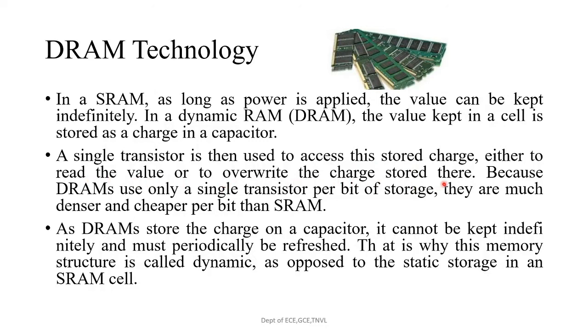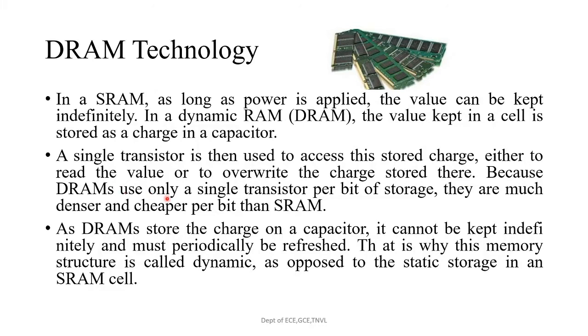either to read the value or to overwrite the charge stored there. In SRAM technology, we saw several transistors used to access a single bit. Rather, here we use a single transistor per bit. And that's why DRAM can hold so many bits in its area.